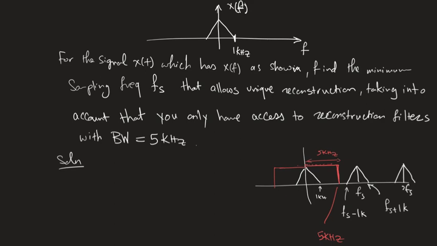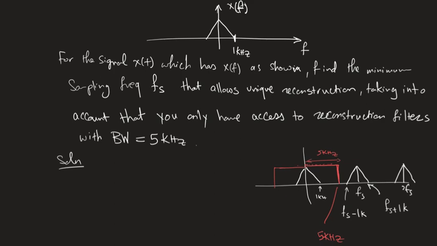Otherwise, I have to use this, and if this was a little bit closer, even though it's not going to overlap with this, unfortunately what I will get is going to be this with a piece of the next one. So that's again not the original signal. That's something else. Okay? So I have to make sure that this point is greater than this. This point is Fs minus 1 kilohertz, right?